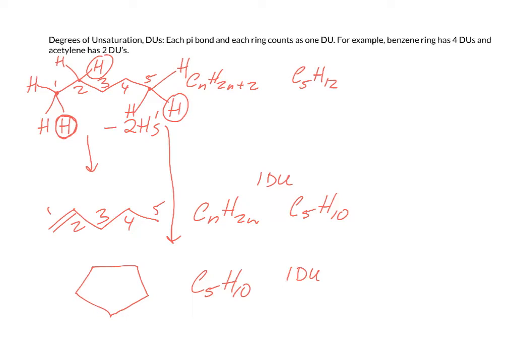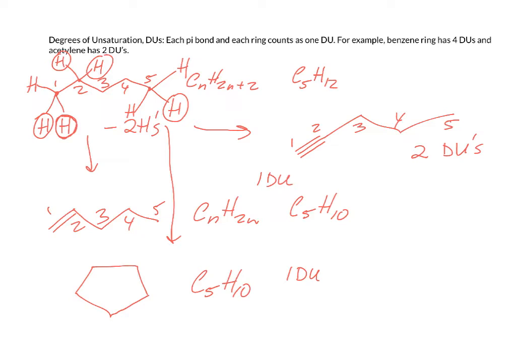What happens if we construct 2 pi bonds? I would have to remove an additional pair of hydrogen atoms to form the triple bond between carbons 1 and 2. Triple bond, I have a sigma bond and 2 pi bonds. Those are carbons 1 and 2, 3, 4, and 5. I have 2 degrees of unsaturation because I removed 4 hydrogen atoms, or 2 pairs of hydrogens.